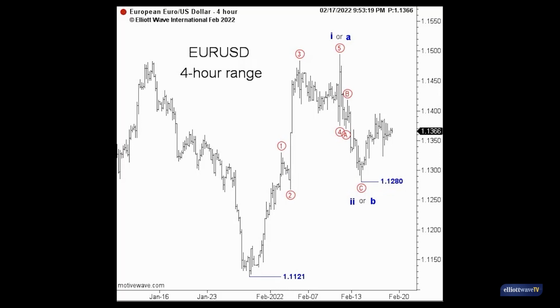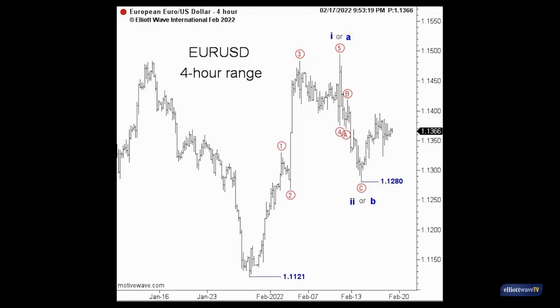In this case, I'd say that if euro has turned, the low is in place at 111.21, but because a correction of the first rally ended at 112.80, it allows us to consider moving that line in the sand to 112.80. And from that secondary low, we've seen euro rally.